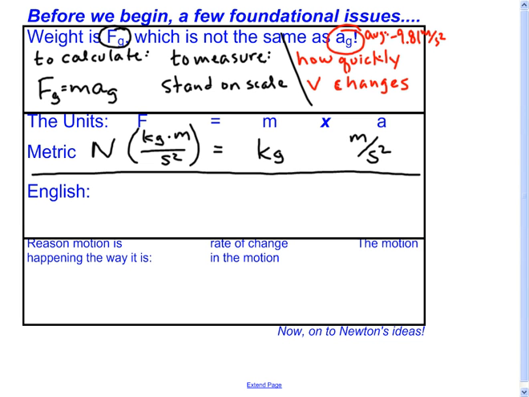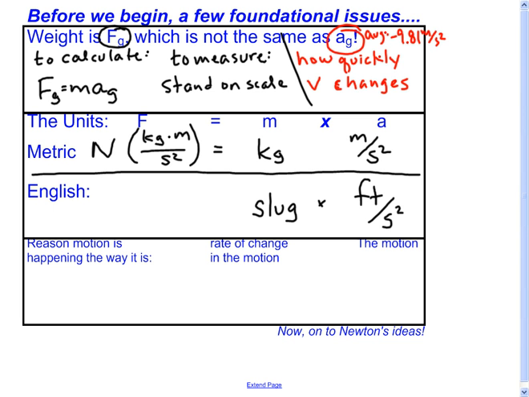Now let's work backwards through the English units. What's the standard English unit of acceleration? Feet per second squared. How much faster or slower in feet per second you'd be going each second of acceleration. The unit of mass in the English system is the slug.